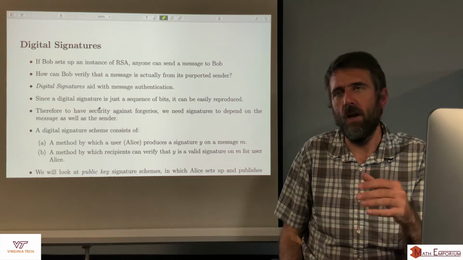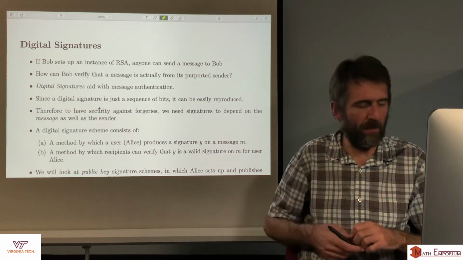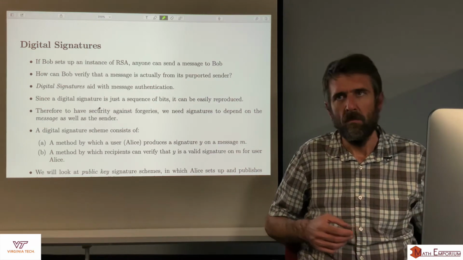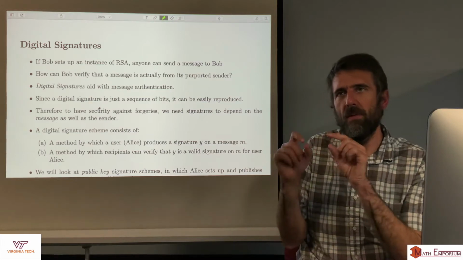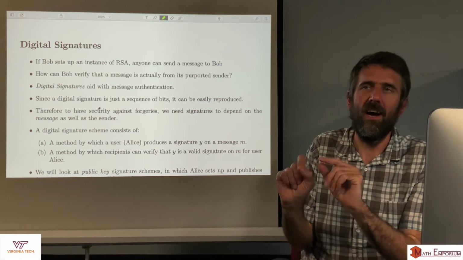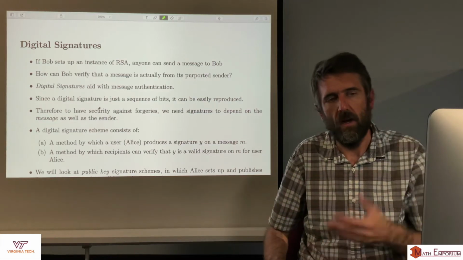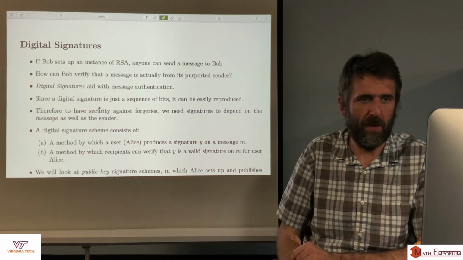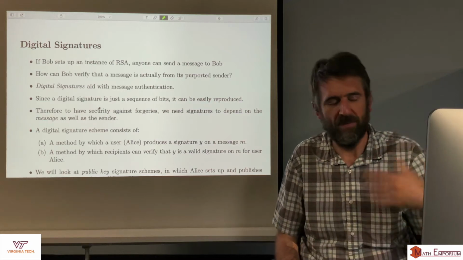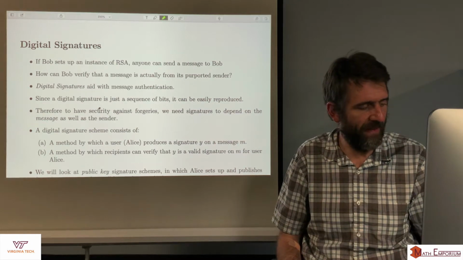So unlike a paper signature, if I sign a piece of paper, nobody's going to be able to use that exact signature without mutilating the paper and trying to paste it onto another piece of paper. And so this is something that should be fairly easily detectable.